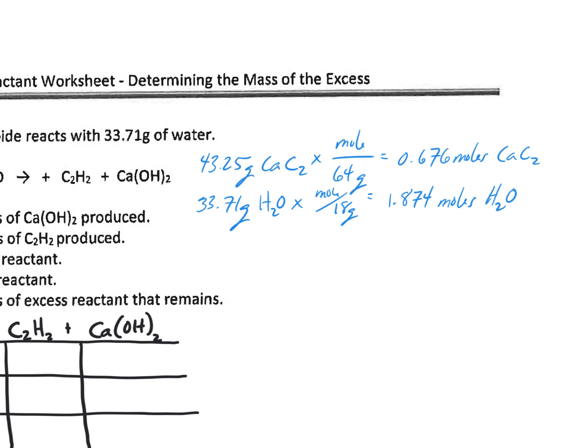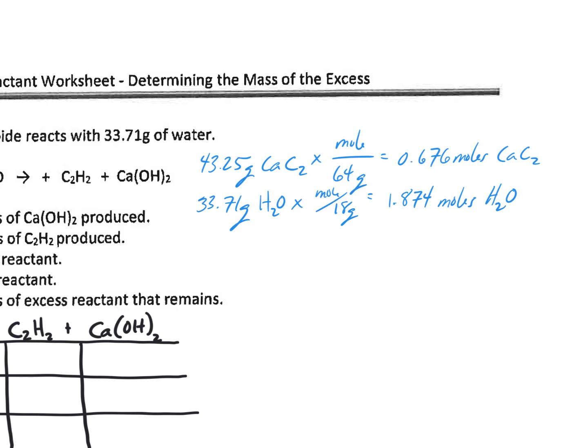Okay, so remember, whenever you're doing stoichiometry, you always must be working with moles, because a number of moles is a number of counted things. When we're doing stoichiometry, we care about the number of atoms and the number of molecules that are involved.